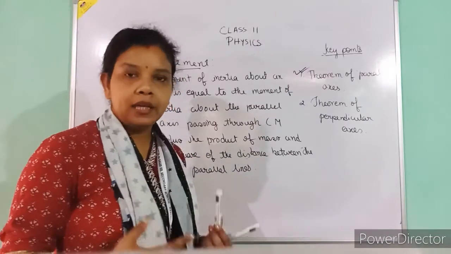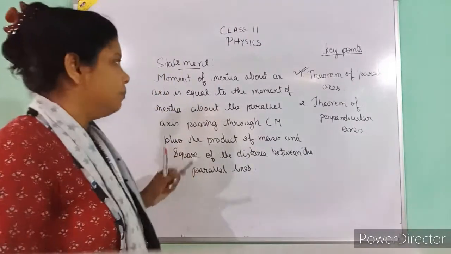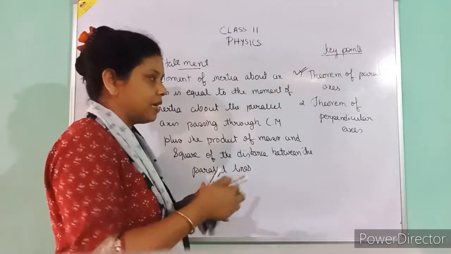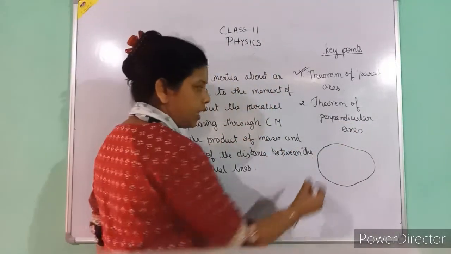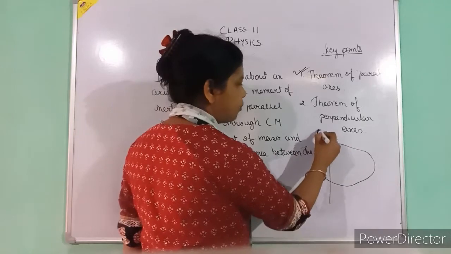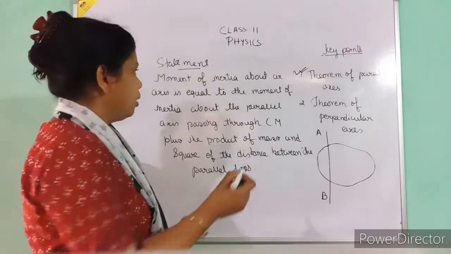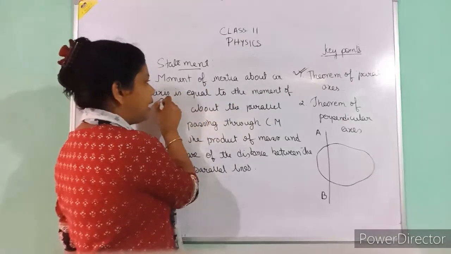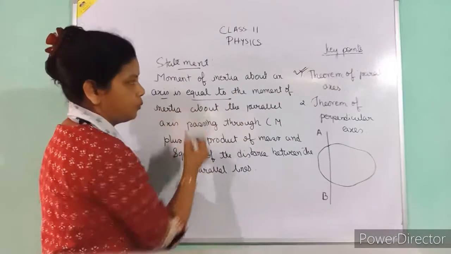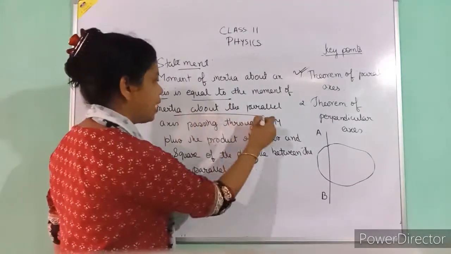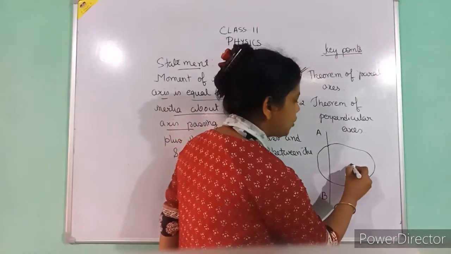Now, if I want to explain the meaning of the statement, let us give an example. Suppose this is a body, and this is an axis of rotation, say AB. The moment of inertia about axis AB is equal to what? The moment of inertia about a parallel axis. We have to draw a parallel axis that passes through the center of mass.